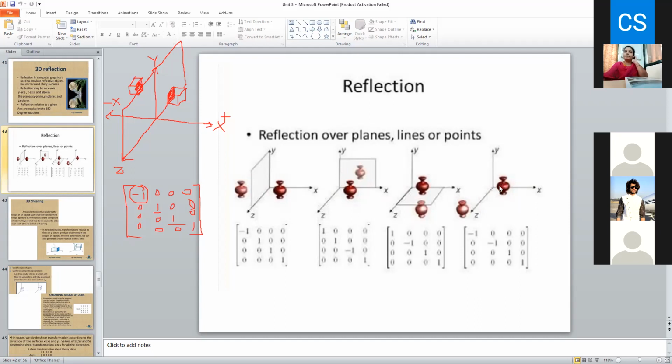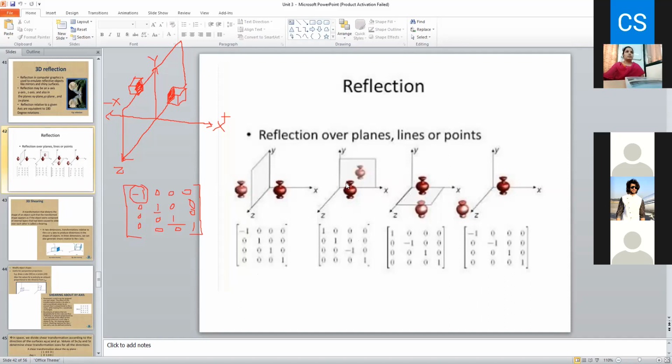Getting it? So in 3D reflection, there are three cases: reflection along XZ, Y changes; reflection along YZ, X changes; and reflection along the third one that remains, XY, Z changes. Getting it?